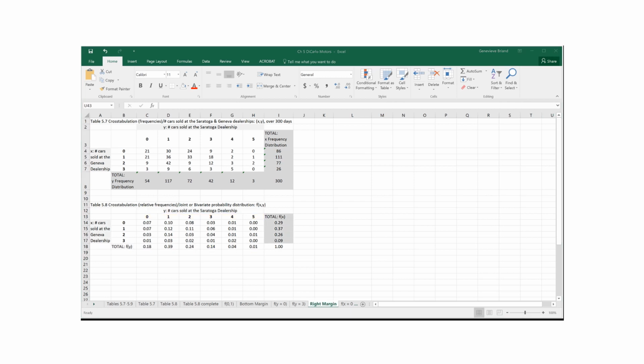To get the right margin numbers or probabilities, we added the joint probability for each row across columns.